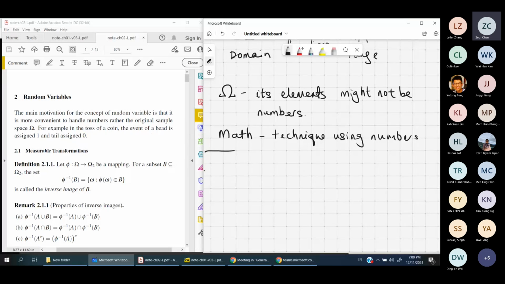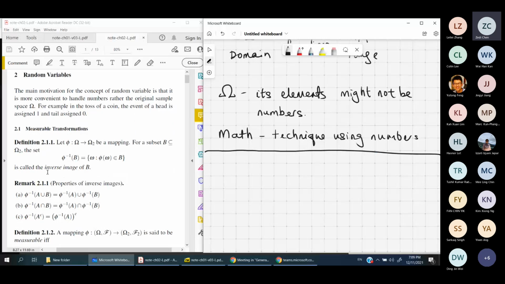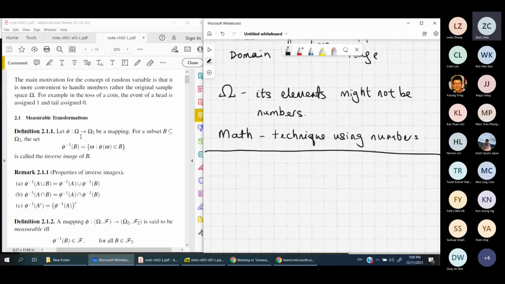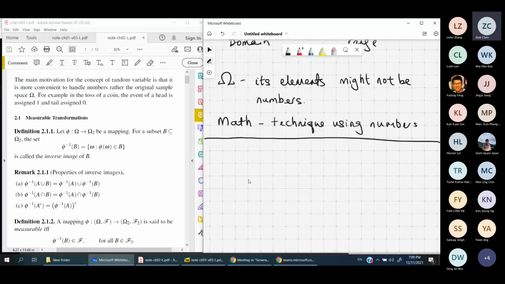Before doing this, let's look at some general ideas over here. This is a concept in mathematics which we need to use in our course. Let's say we have two sets, omega and omega 2.